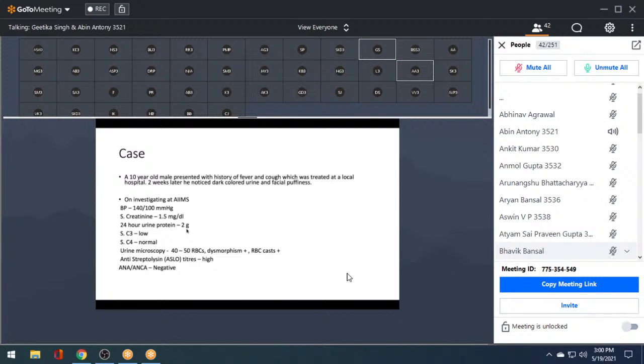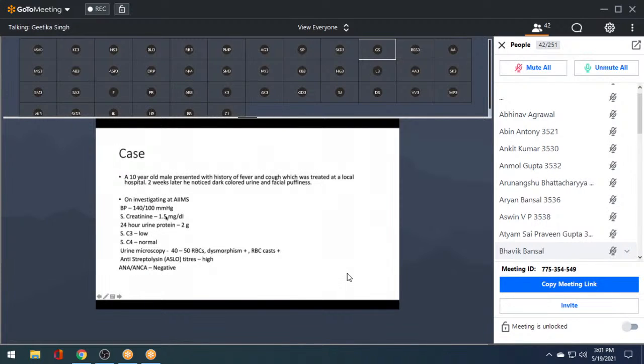Less than 150 milligrams. So 2 grams is significant, but it's not nephrotic. For nephrotic, how much protein needs to come out in 24 hours? Greater than 3.5 grams. So you've got a subnephrotic proteinuria.